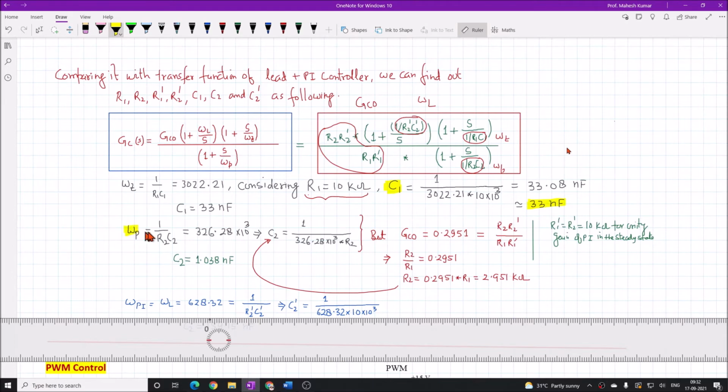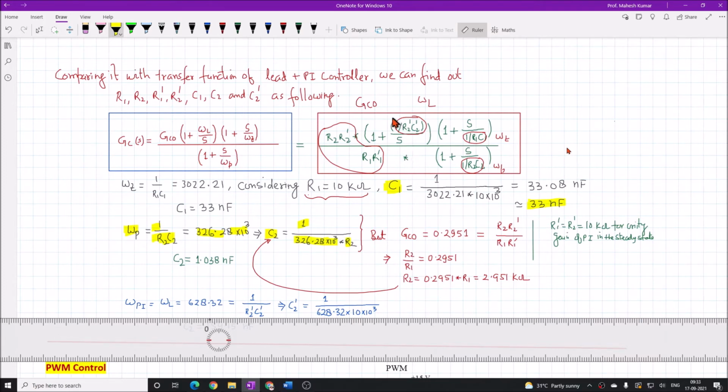And omega p is 1 by R2 C2, which is 326.28 power 3 radian per second, and this implies C2 equal to 1 by this value into R2. What is R2? R2 has to be found by overall gain.